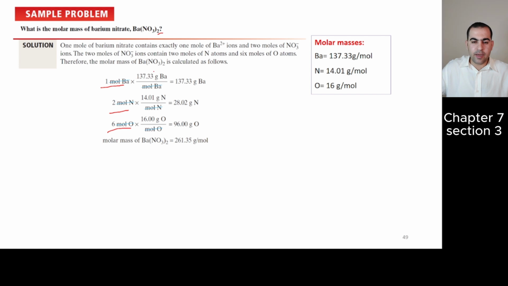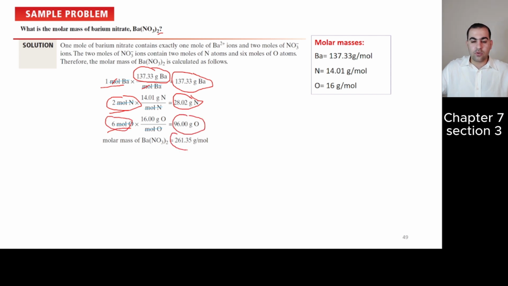1 mole of barium times the molar mass of barium, gram per mole. Mole and mole cancel out each other. 1 times 137.33 equals that number. 2 mole of nitrogen times 14, 2 times 14, 28.02 gram of nitrogen. 6 times 16, 96 gram per mole.